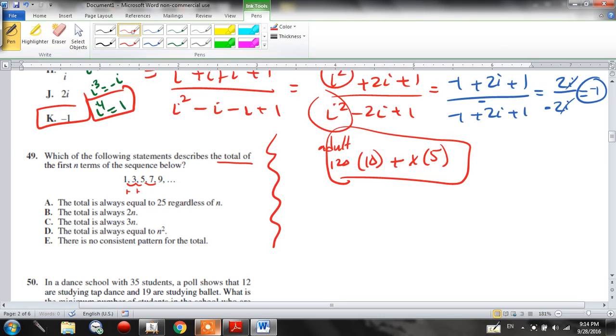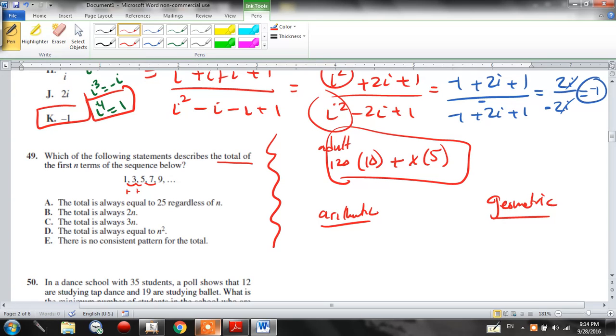First let's review what an arithmetic sequence is. There are two types of sequences: arithmetic sequence and geometric sequence. In an arithmetic sequence, something is being added all the time.